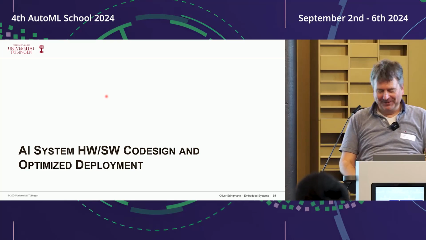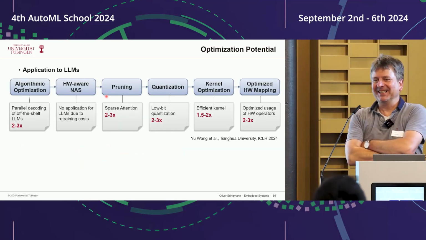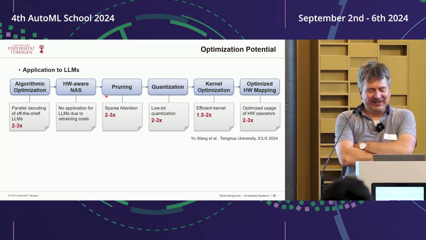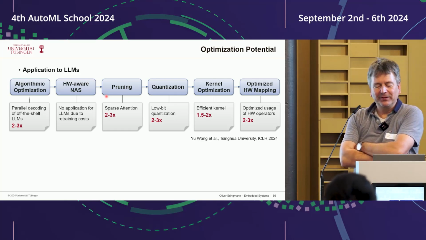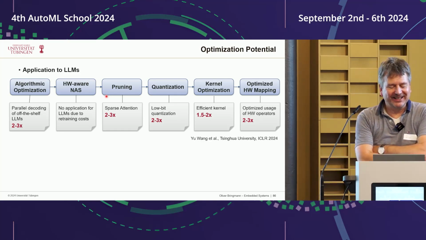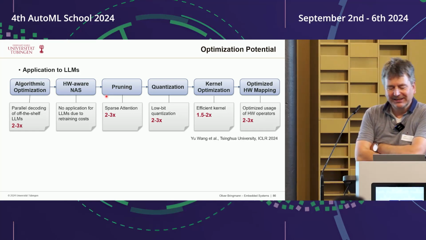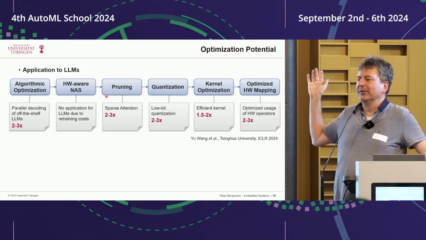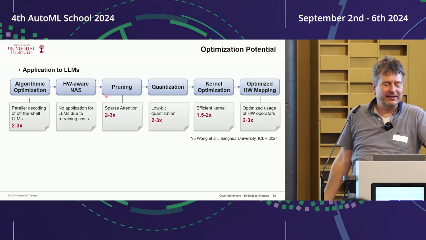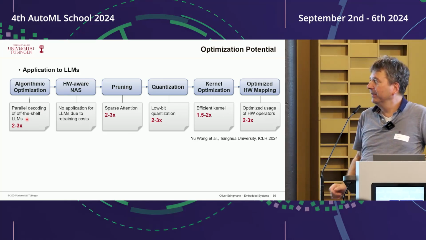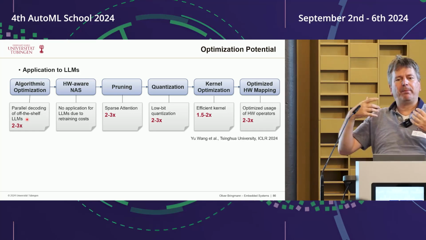Now we would like to optimize, and here I have a slide from Yuan from Tsinghua University, who showed the optimization potential. He tried to efficiently implement large language models, and he started with algorithmic optimization. That means he had to perform some parallel decoding.